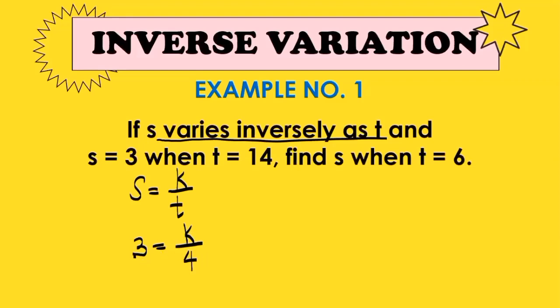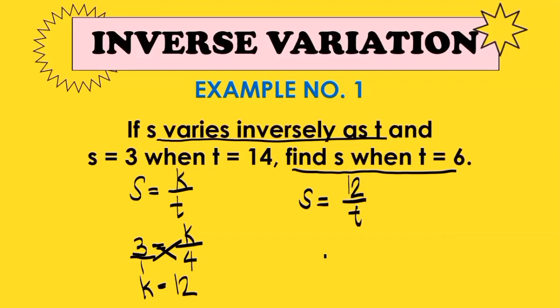All you have to do, 3 is over 1, cross multiply. So k is equal to 12. Now that we have k is 12, s is equal to 12 over t. Find s when t is 6. To find s, just substitute 6 for t. Therefore, s is 2. This is the answer to the problem.